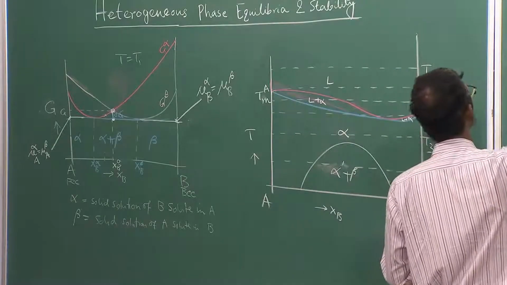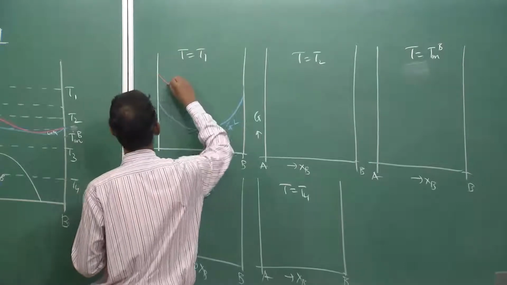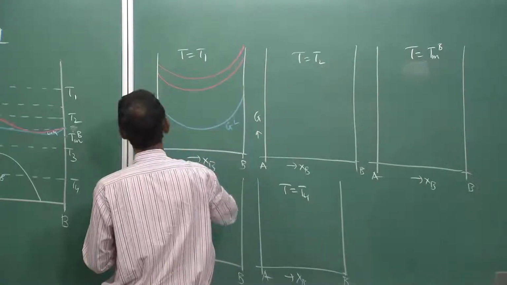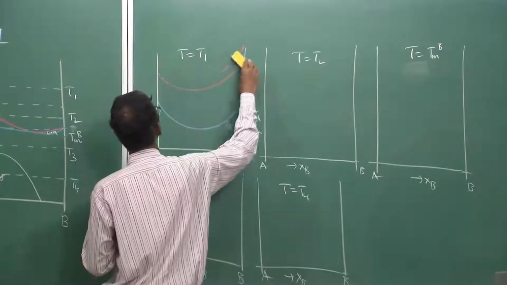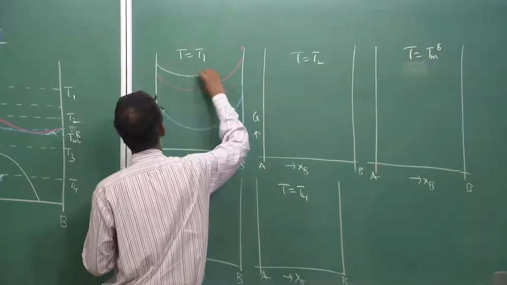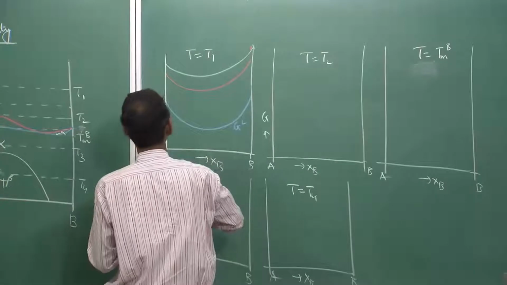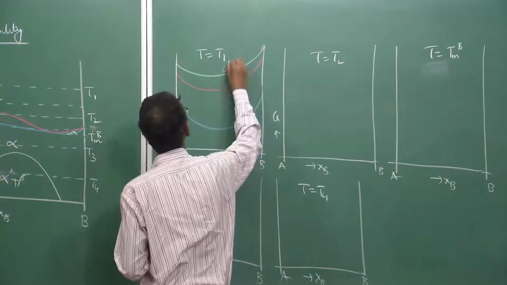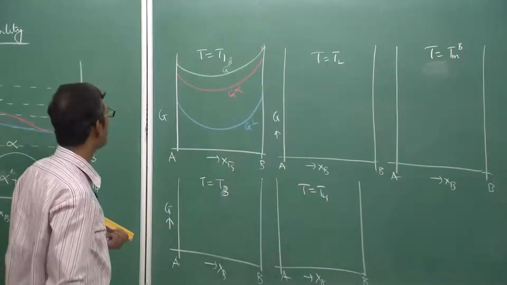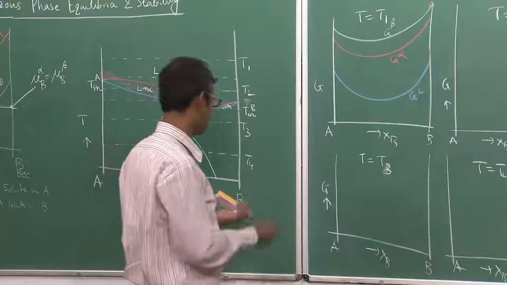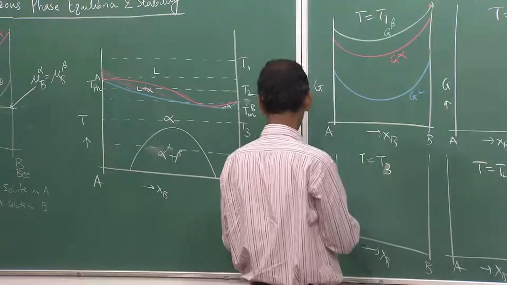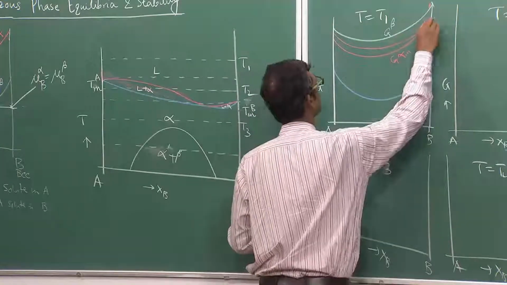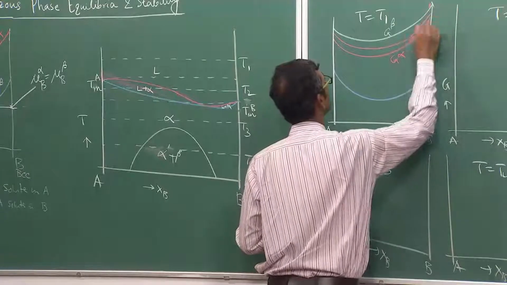I will draw alpha, and beta in a different color. So this is G alpha, this is G beta. Alpha prime and alpha will be of a similar type, because the only difference is stability. So whether you draw it at higher or lower position does not matter. Let us draw it at a higher position.